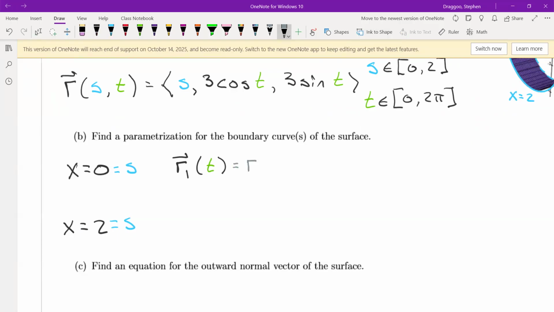It's really just the original parameterization, but plugging in 0 for s and leaving t as t. So if I do that, I'm going to get 0, 3 cosine t, 3 sine t.